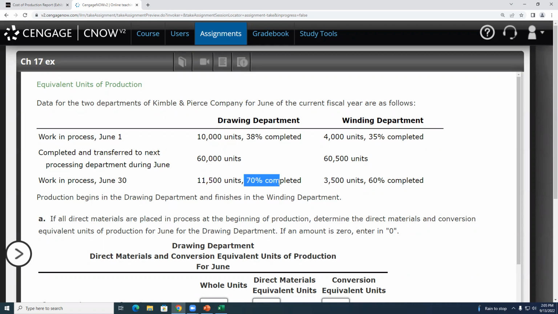We did 70% of the work in June. The other 30% of the work will be done in July to finish up those units. So regardless of what I said earlier, does that make sense, now that I actually read every word on the screen? Okay.